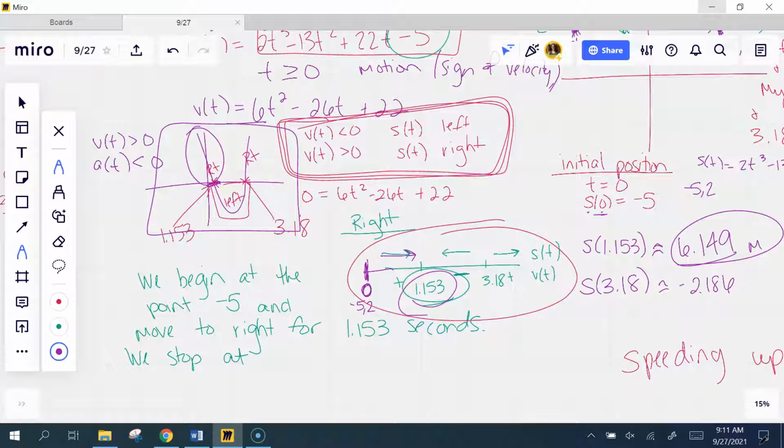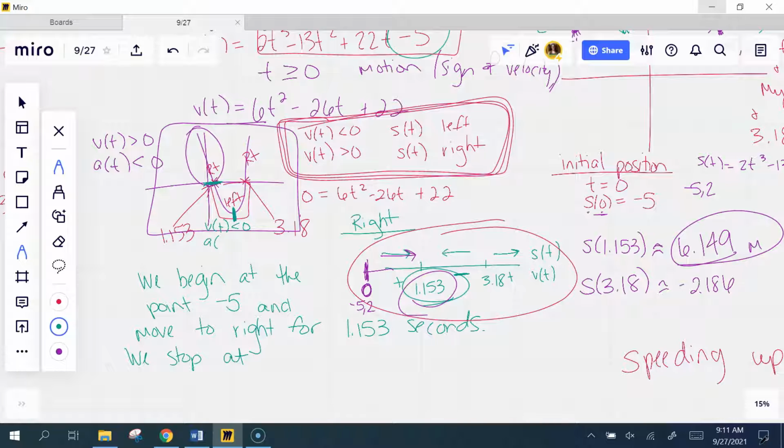All right, look at the bottom piece. This is where I'm changing, right? From here to here, what is happening? Velocity is negative.